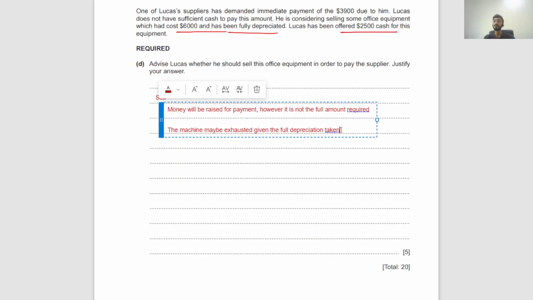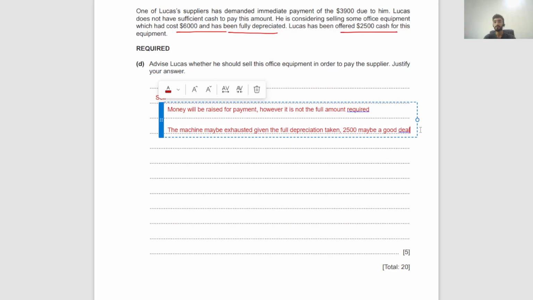So it may be fully exhausted. So $2,500 may be a good deal, right? We don't know all the facts, but we'll use our assumptions, assuming that this $2,500 may be a good deal. We may not get a better one, and this machine may not be that useful to us because it's fully depreciated. It doesn't necessarily mean that fully depreciated on the book means it's useless.